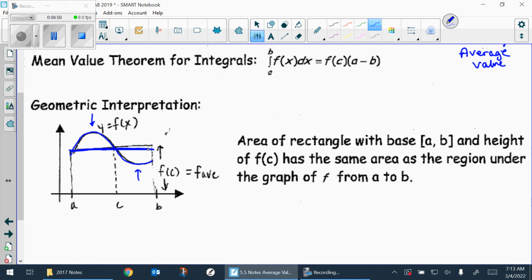And what this mean value theorem for integrals says is that somewhere in this interval, as long as this is a nice continuous function, somewhere there's an x value where that average value actually occurred.